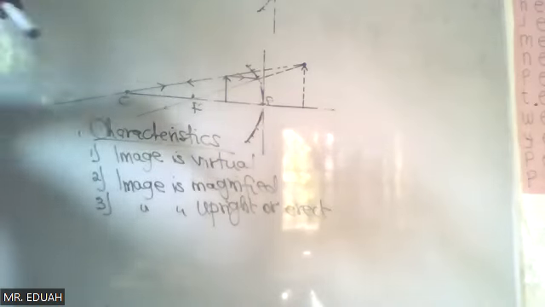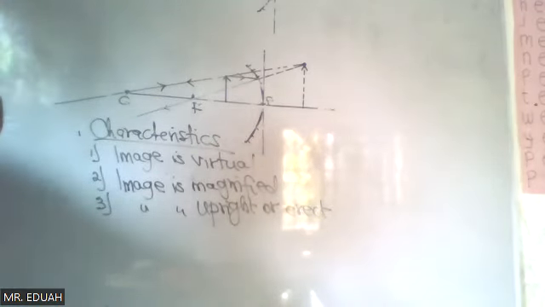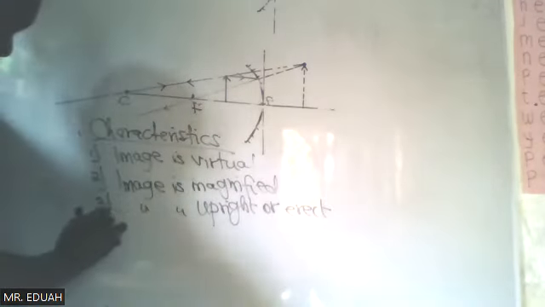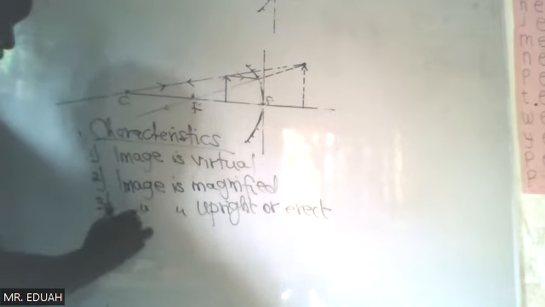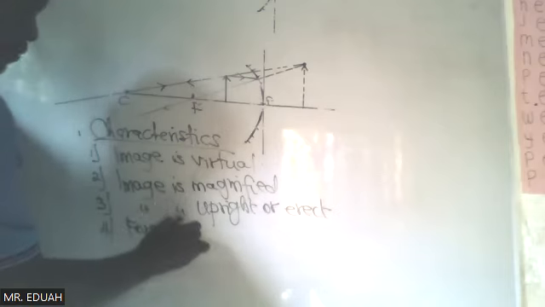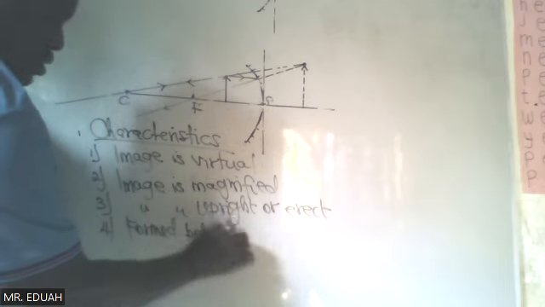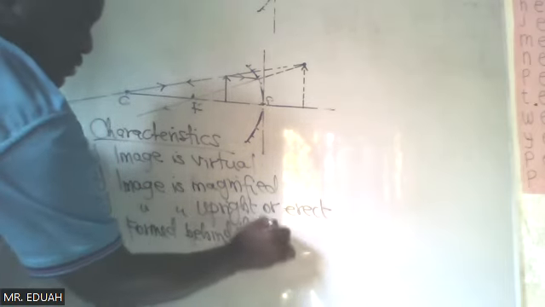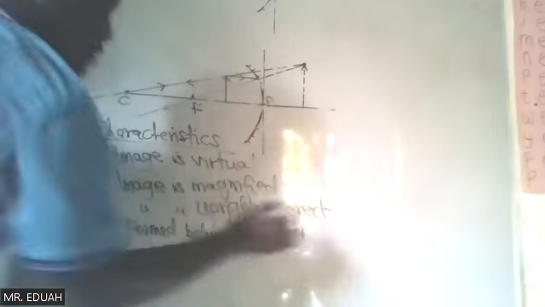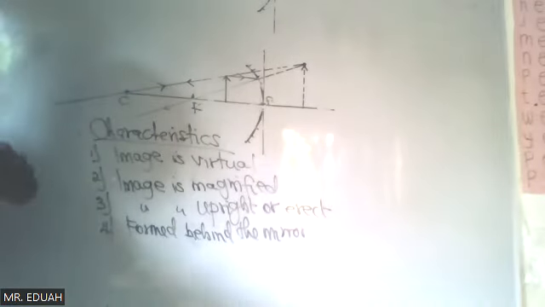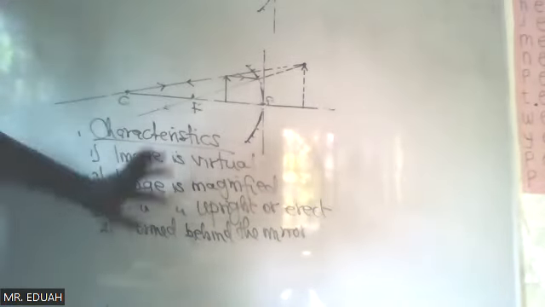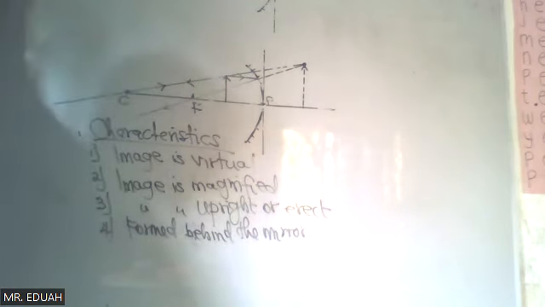And you can also add that it is formed behind the mirror. So these are the significant characteristics of the image formed.